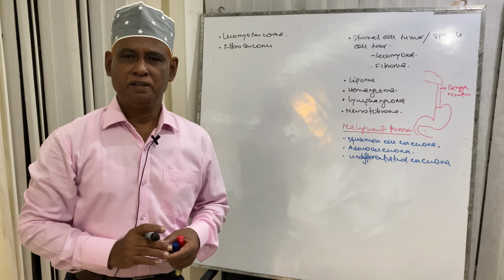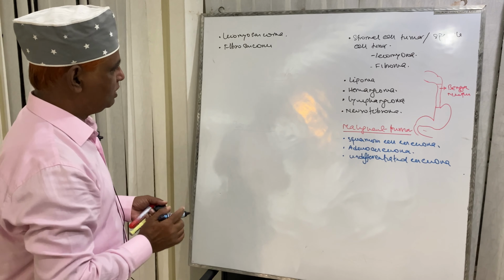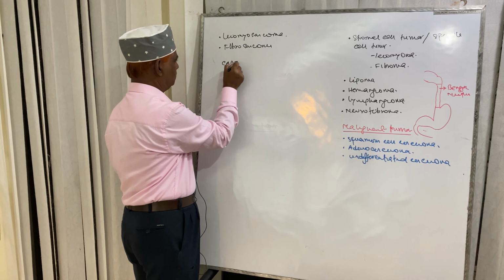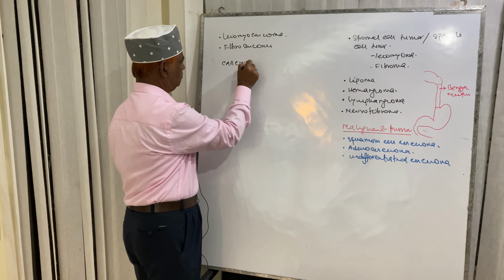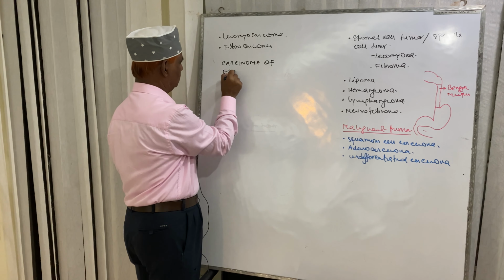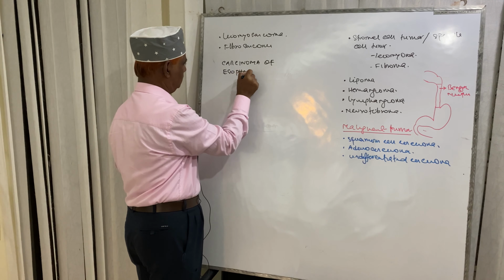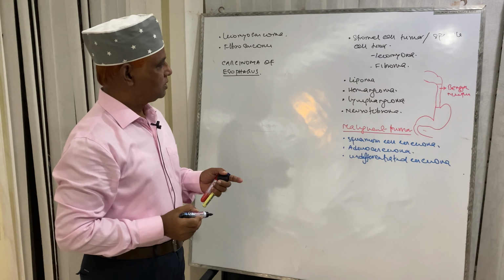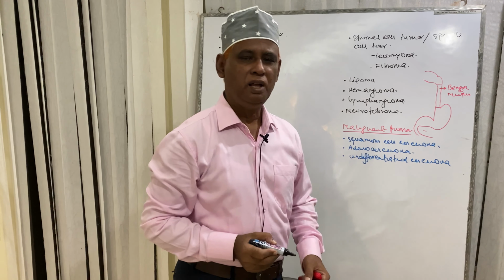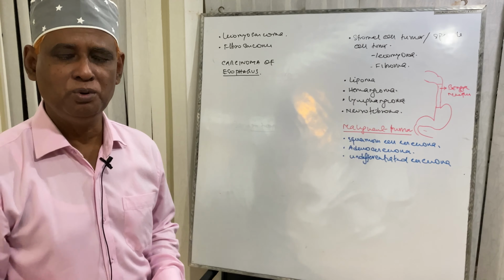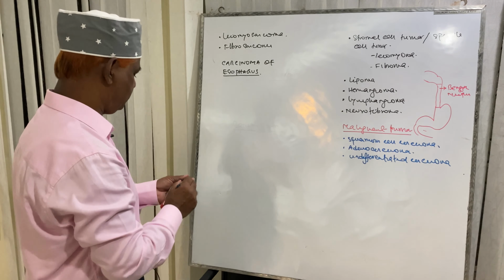Today's topic is carcinoma of esophagus. Now come to carcinoma of esophagus. Dear audience, carcinoma may be squamous cell carcinoma, adenocarcinoma, undifferentiated carcinoma. First come to squamous cell carcinoma of esophagus.